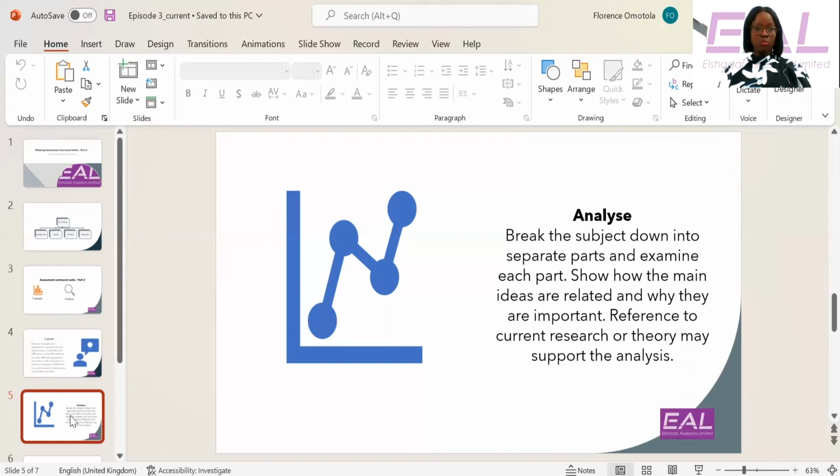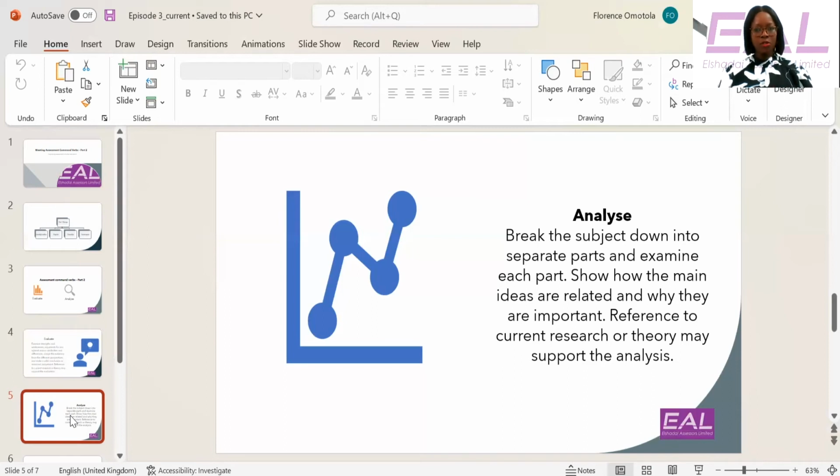And again, like the evaluate, it says that you need to examine the strength. So this is now asking you to talk about the strength of that act, and the importance. Now, this is not evaluate. You're not going to be talking about the weaknesses in this part.